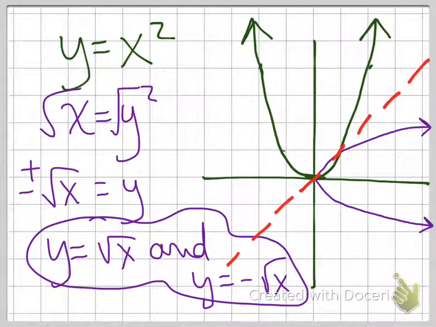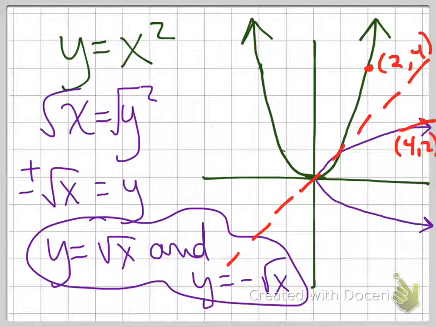So when the green graph has the point 2, 4, the purple graph is going to have the point 4, 2. And you can see right there in drawing it, I just missed it a little bit. But see, this was 2, 4. And now down here, this one is 4, 2.